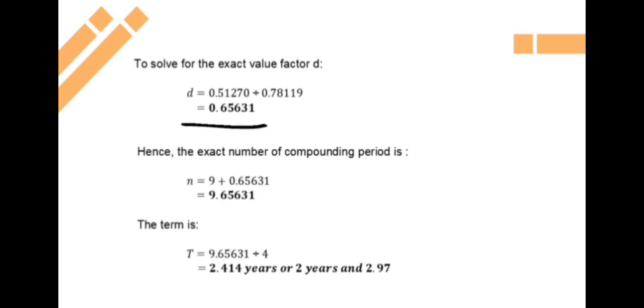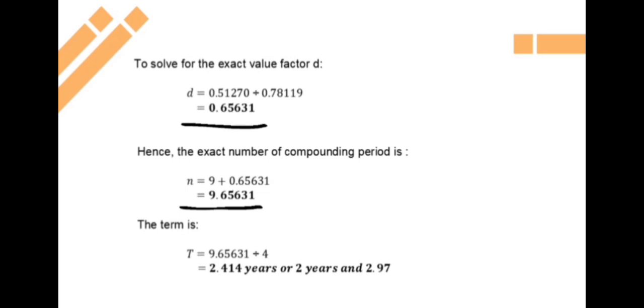So, i-add lang natin itong 9 sa ating factor D. So, 9 plus 0.65631 is equal to 9.65631. So, now, next is the procedure 5.